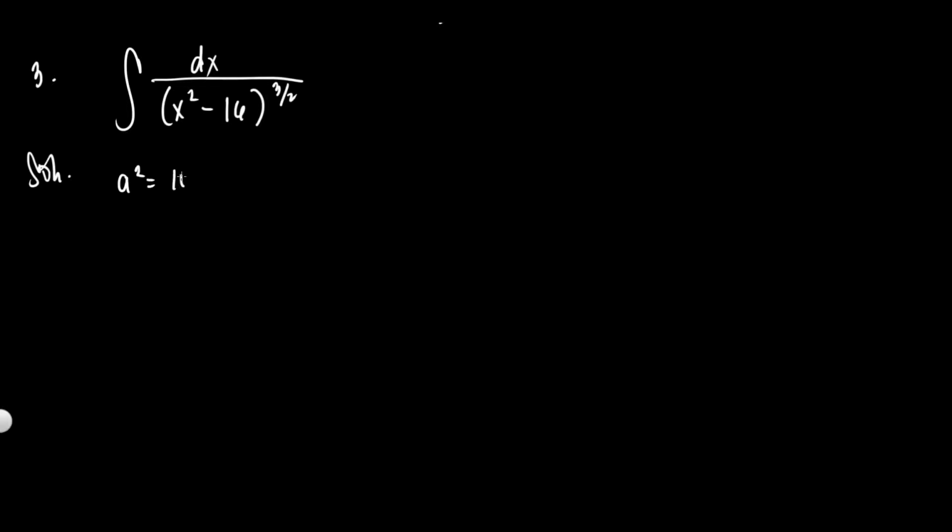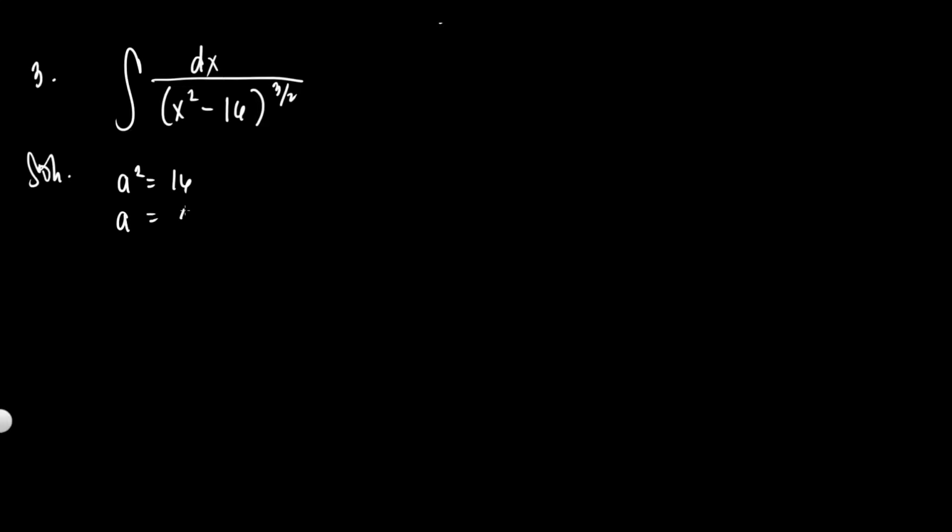Okay. Ano magandang example? Number 3. Integral of dx over, try natin yung a secant theta naman, ano? So, x squared minus 16 raised to 3 halves. Yan. So, solution natin. Okay, a squared is 16.